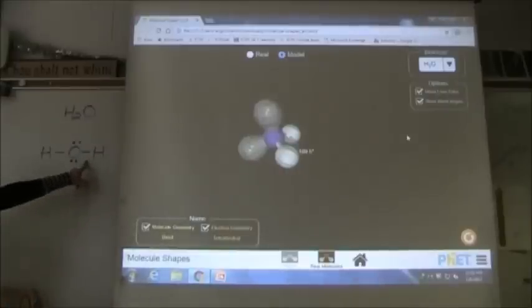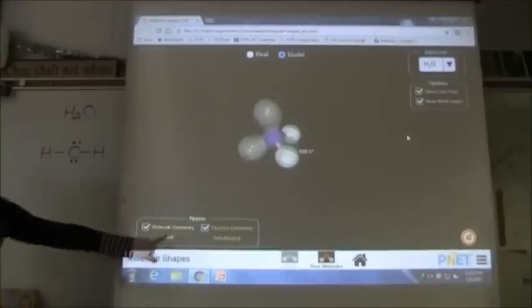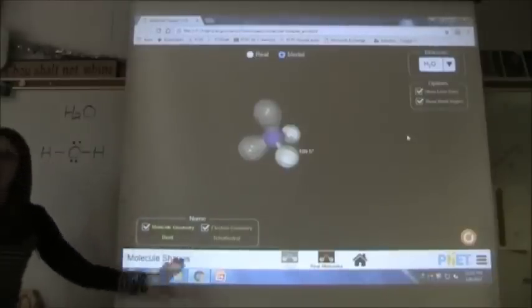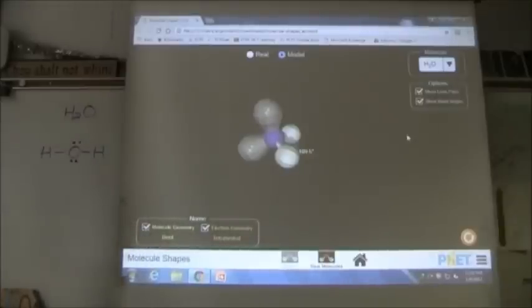Notice how I have drawn my Lewis structure. A lot of people would draw it like this and say it's linear. I've drawn it linear, but that's not what its shape is. This is probably the most missed situation right here.